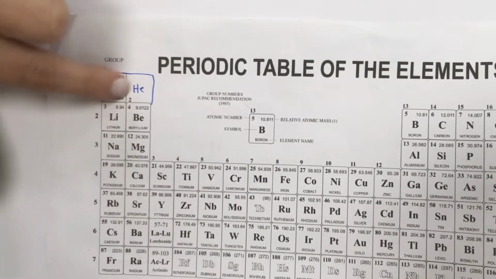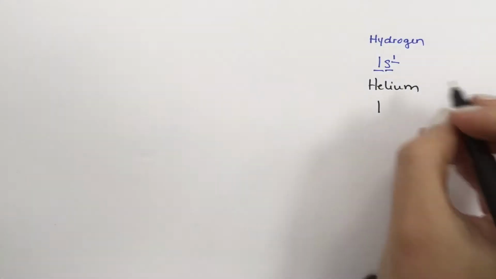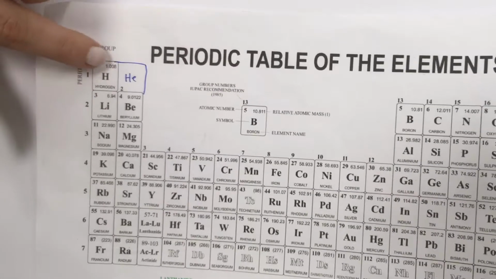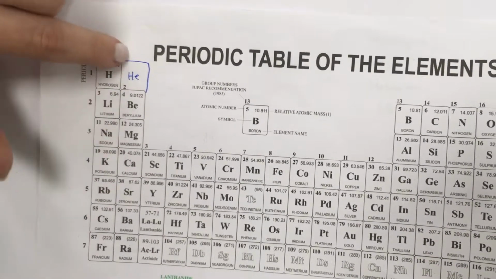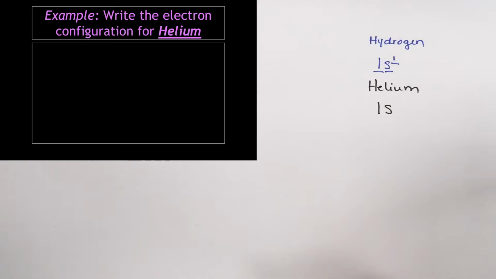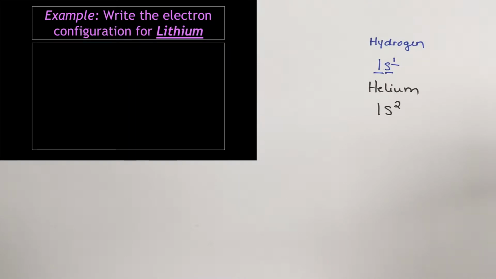Its sublevel is the S block, and it has 2 electrons. So helium is in the first energy level, S block, and has 2 electrons.